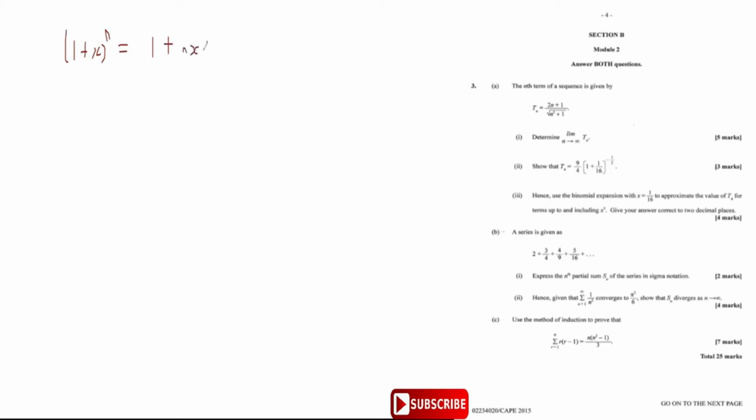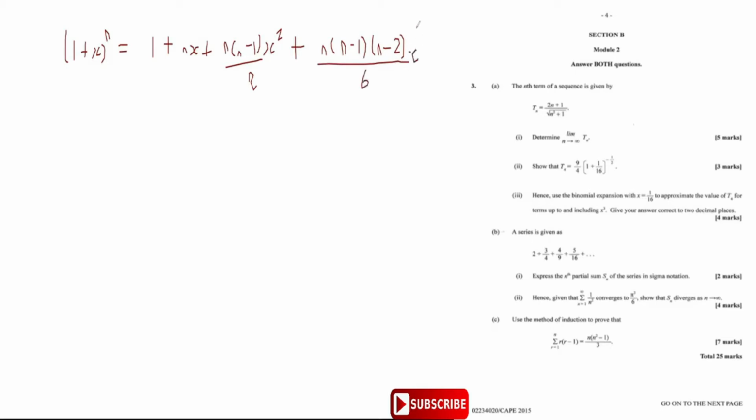plus n times n minus 1 x squared over 2, plus n times n minus 1 times n minus 2 over 3 factorial, and 3 factorial is 6, x cubed.